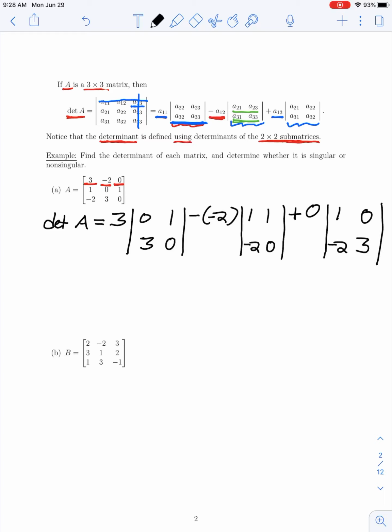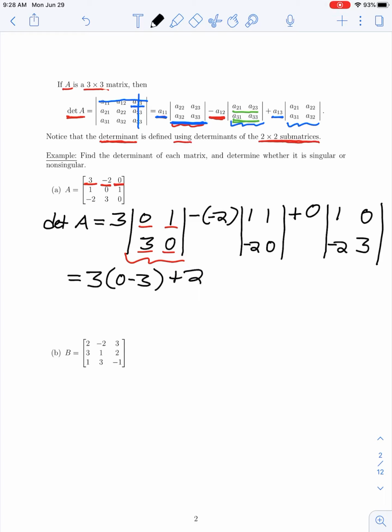So let's see what we're left with here. We have 3 times the determinant of this first 2 by 2 submatrix, which would be the product of the diagonals, 0, minus the product of the off diagonals, which would be 3. So we have 0 minus 3.